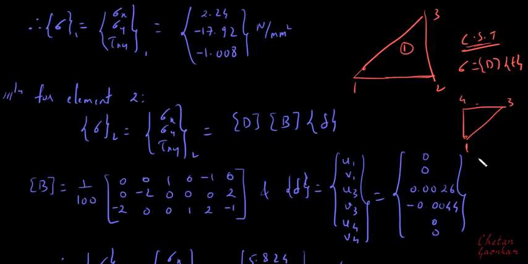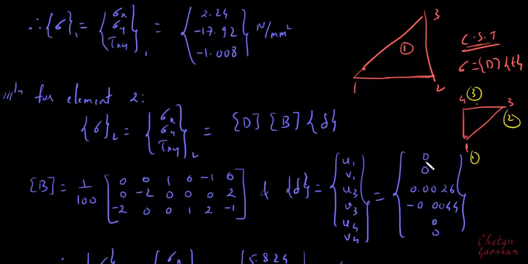So in place of local node number 1 we have global node number 1, in place of local node number 2 we have global node number 3, and in place of local node number 3 we have global node number 4. So wherever there is u2 v2, we write it as u3 v3, and wherever there is u3 v3, we write it as u4 v4.